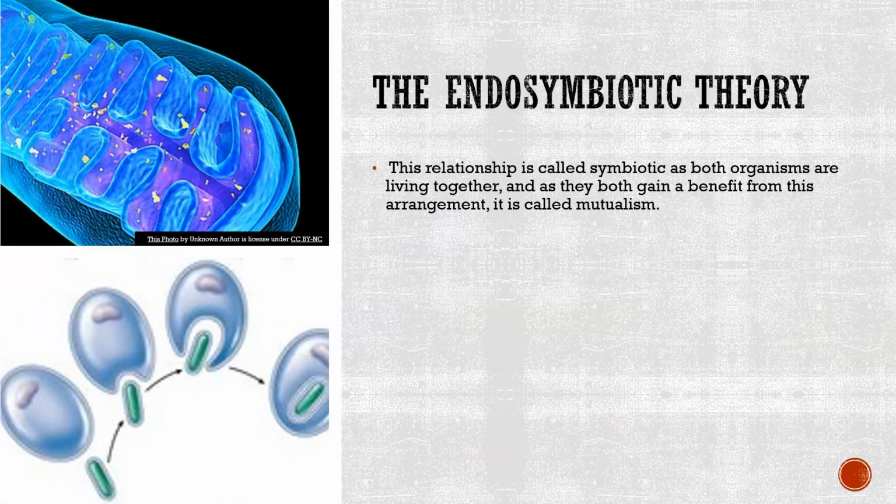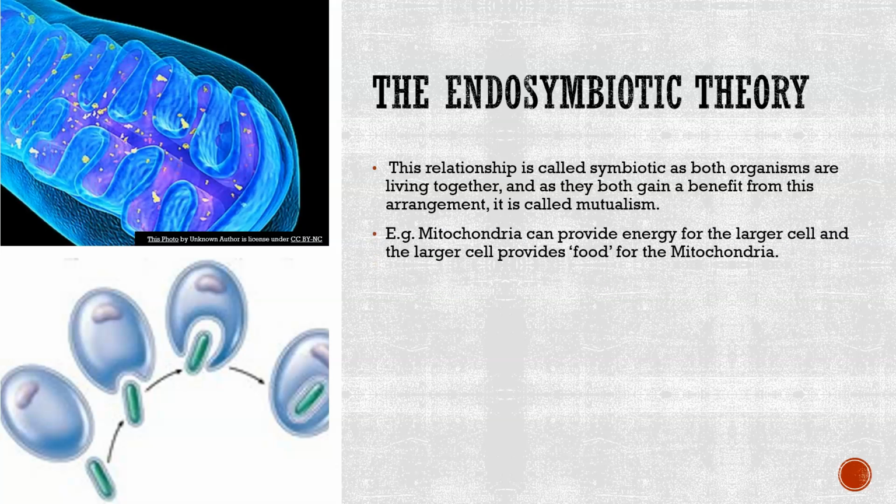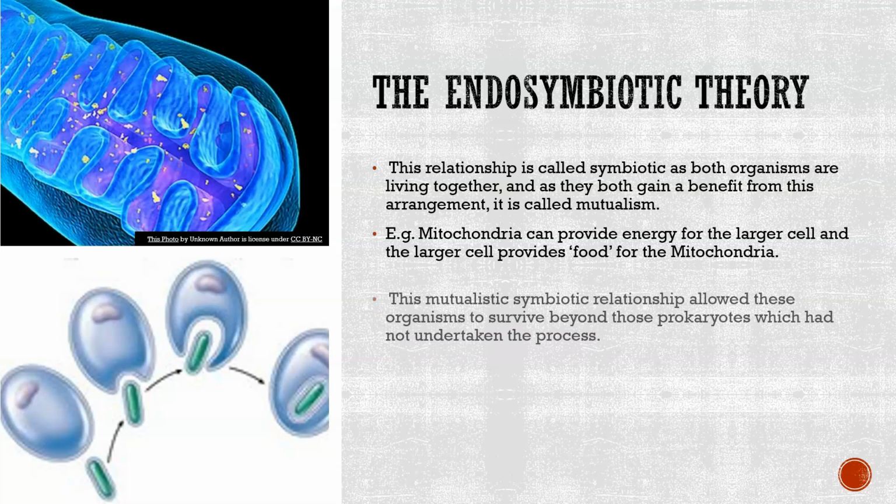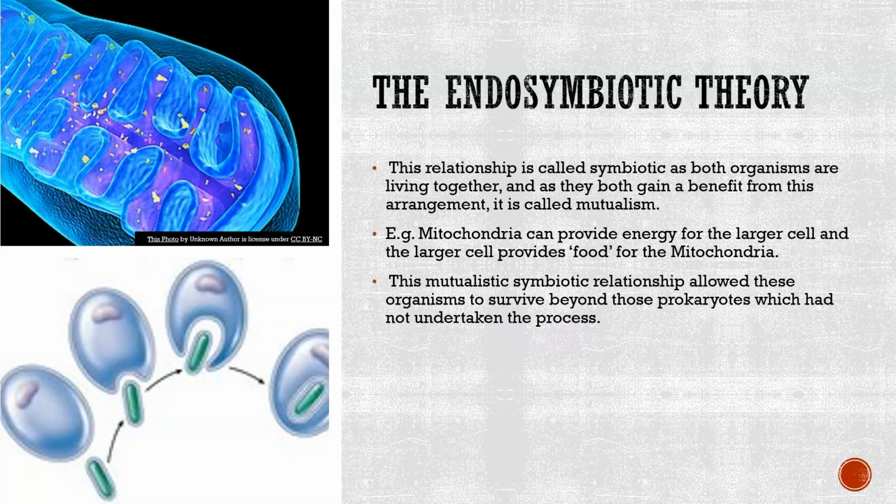This relationship is called a symbiotic relationship, as both organisms are living together. And as they both gain benefit from this arrangement, we call it mutualism. So the mitochondria can provide energy for the larger cell, and the larger cell provides the food for the mitochondria, so thinking of that glucose required for the respiration to occur.